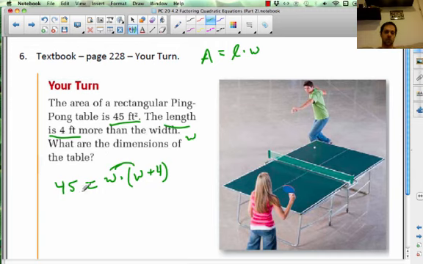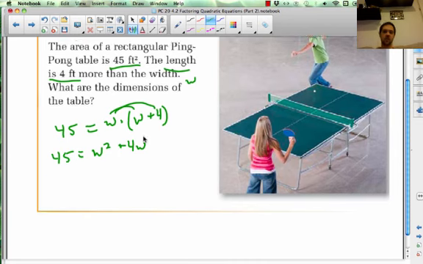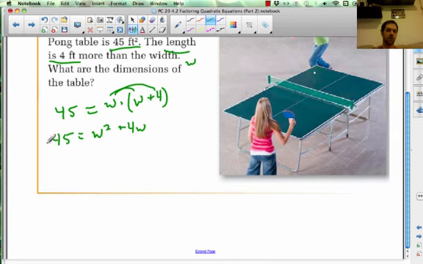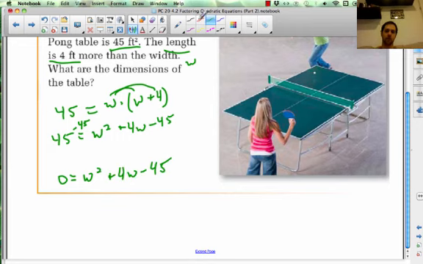Now distribute this in here and it'll turn it into a quadratic. 45 equals W squared plus 4W. Now we have to get everything to the same side of the equal sign. Set one side equal to 0, so we subtract 45 and subtract 45, so we get 0 equals W squared plus 4W minus 45.